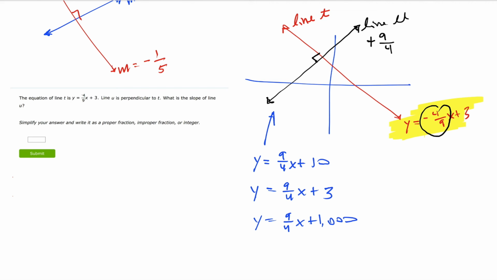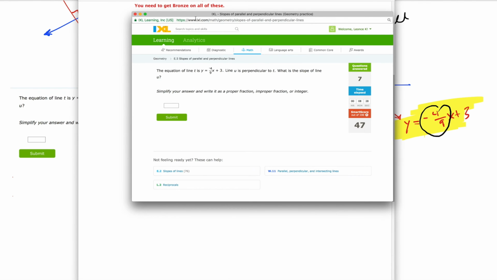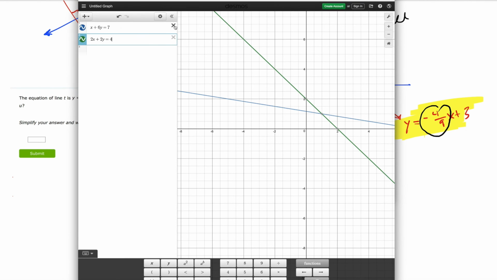I have no idea what the y-intercept is going to be. They didn't tell me that. But what I do know is its slope. In order for it to be perpendicular to the red line, it has to have this slope every time. Does that make sense?